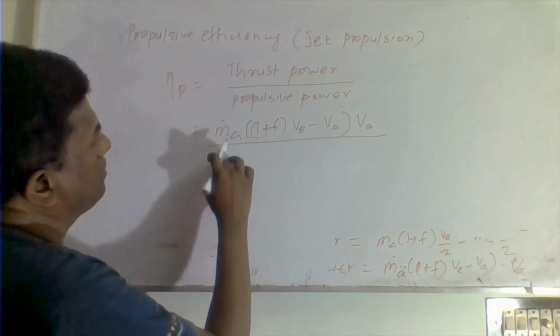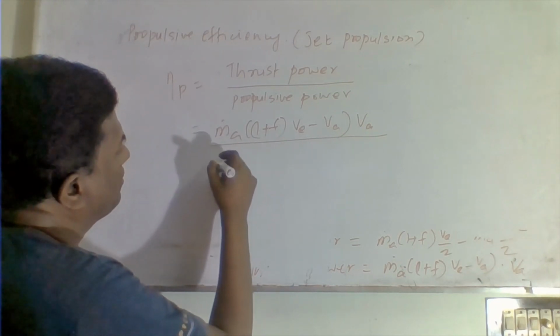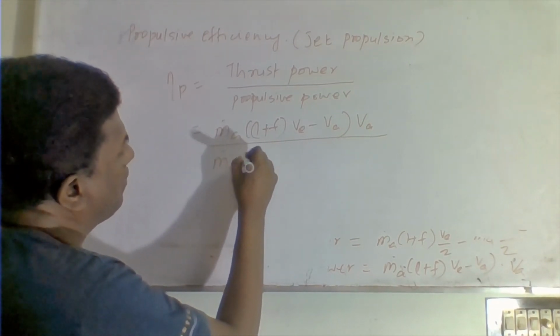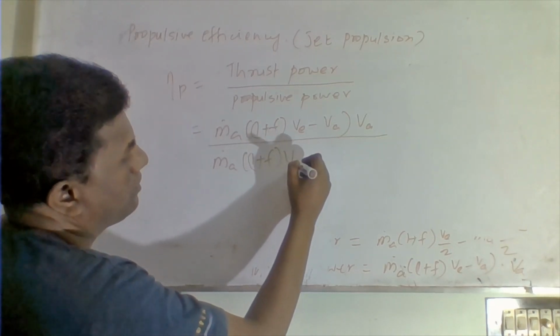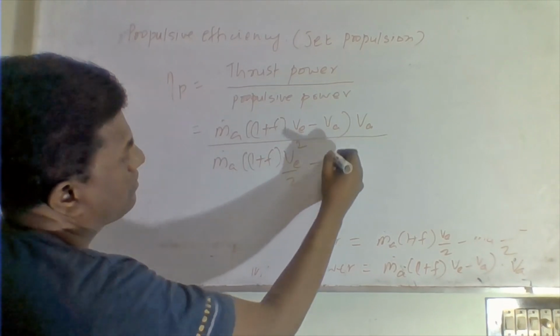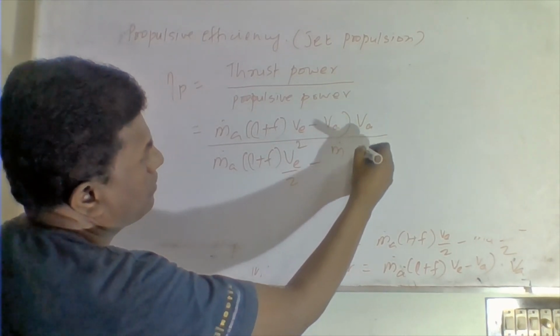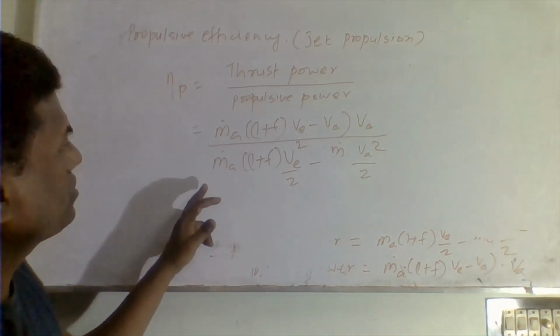This is nothing but m dot a into (1 plus f) into V square by 2, minus m dot a into VA square by 2. So this is what we call propulsion efficiency.